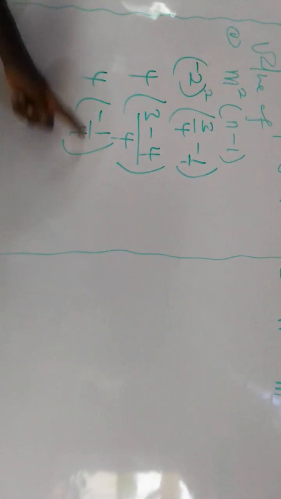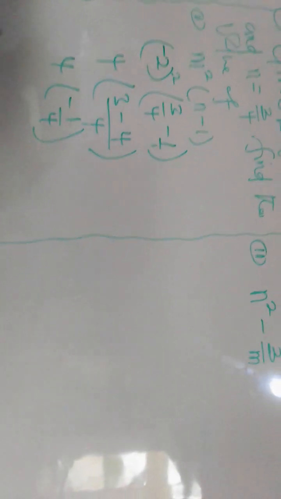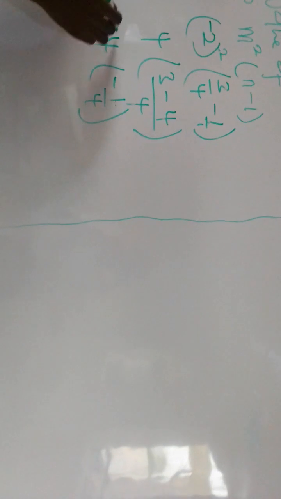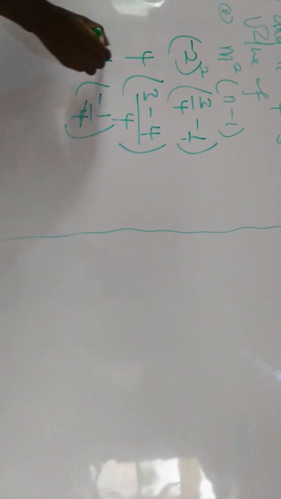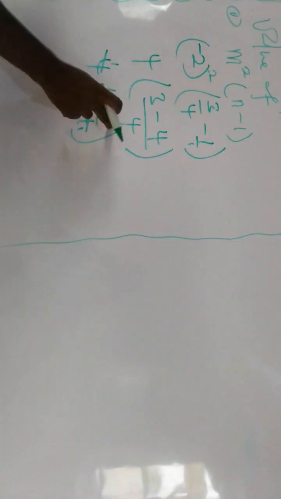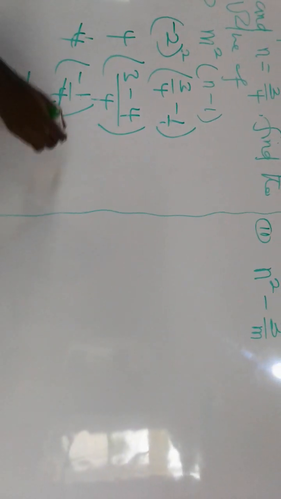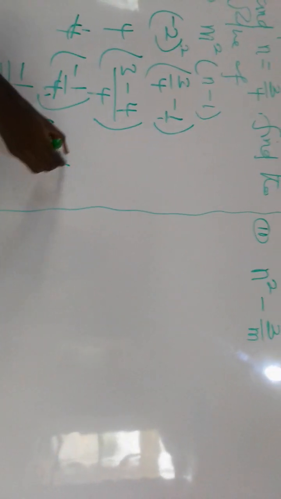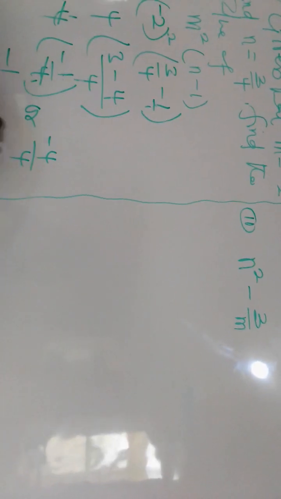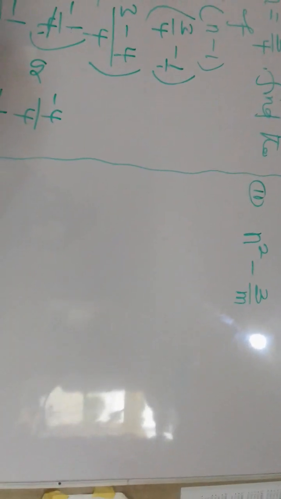Now, since bracket is multiplication, we are going to cancel this and this. This will cancel this. 1, 1. 1 times 1 is what? Negative 1. Okay? So take note. You can also do it this way. 4 times negative 1 will give us negative 4 over 4, which will give us the same as negative 1.